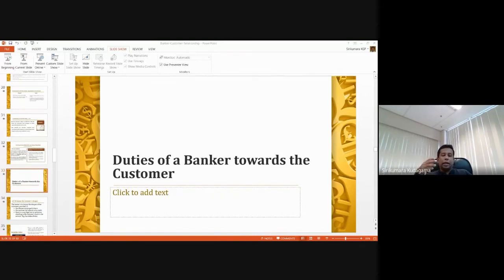Then we went into certain other cases like Tai Hing Cotton Mills versus Liu Chongqing Bank, where I explained that there have been instances where customers have successfully argued that a customer does not have anything more than those two duties towards the bank. You may remember that case where I said that the bank argued that it's the duty of the customer to read the bank statements, understand what was there and to complain if there has been any fraud or something like that.